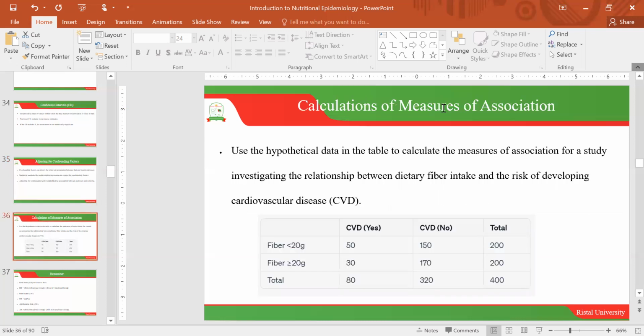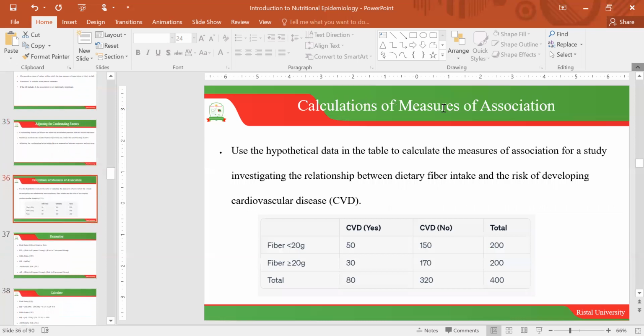So we have an example here that calculates the odds ratio and then the relative risk. Here you have a group of people who take a diet with adequate fiber, and then we see who out of them will develop cardiovascular diseases.